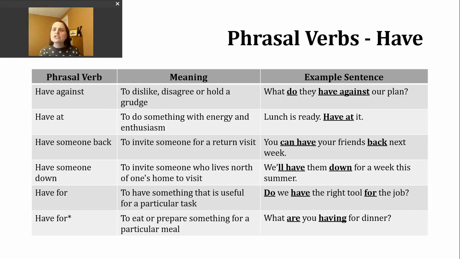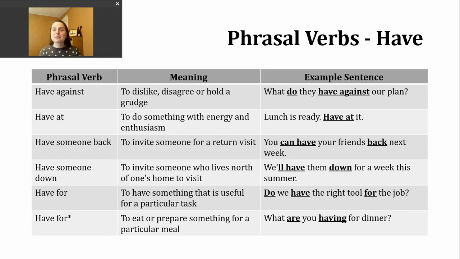The hold a grudge meaning is more common to be used with a person or a group of people. So this is just kind of like a long-standing dislike. Something happened in the past and it has affected someone's relationship. They haven't forgotten about that bad experience.